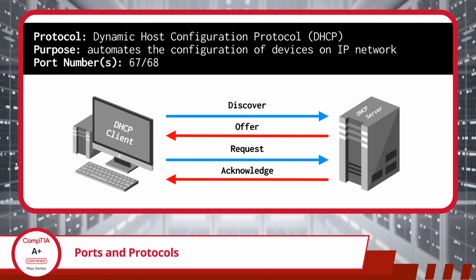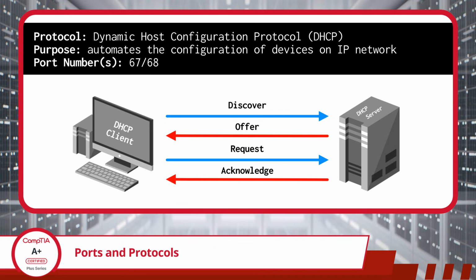Let's now explore DHCP, or Dynamic Host Configuration Protocol. This network management protocol is used to automate the process of configuring devices on IP networks. Essentially, DHCP allows network devices, like computers and printers, to automatically obtain IP addresses and other necessary network configurations.